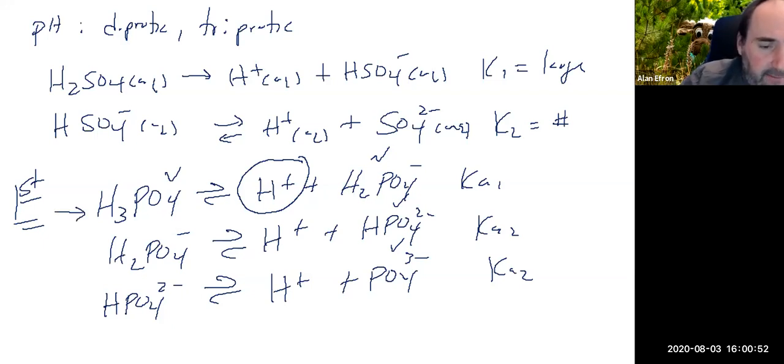So this step here, that H+ you got, would be very suitable to figure out the pH from. Again, very, very small amounts come off from each of the later steps.